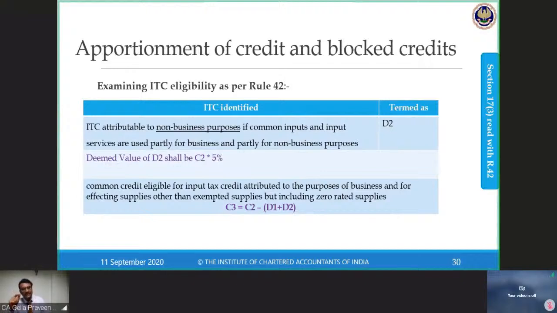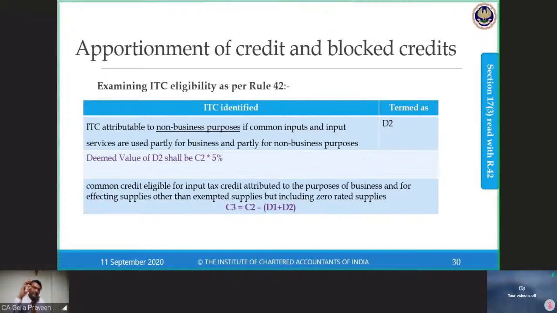Now, D2 is nothing but ITC attributable to non-business purpose of common inputs and input services. Like in this motorcycle case, if you have something which is not identifiable, then my D2 shall be 5% of C2. C2 is nothing but the common credits we have identified. That is something I have to reverse every month, in addition to the D1 we have done.